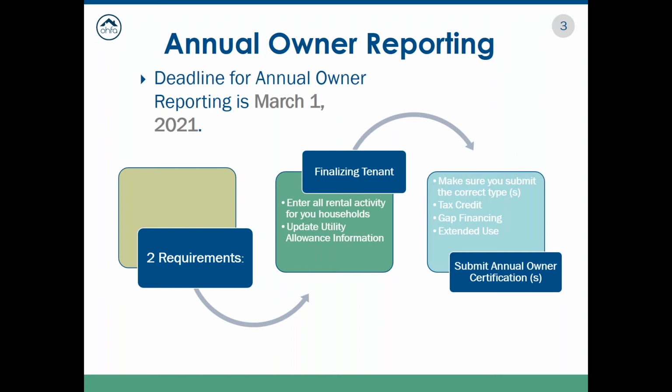Owners should ensure any property changes that have occurred during this 2020 calendar year be entered into DevCo Online. You will need to submit the annual certification and finalize your tenant data for each property to complete the report. There will be no extensions to this deadline at this time.